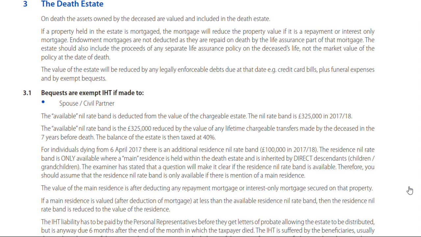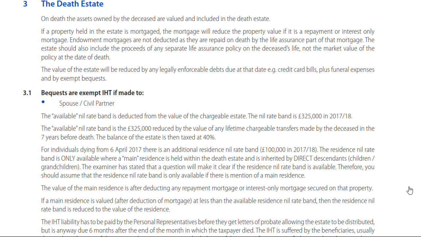We have a main rate on death of IHT of 40%. Before we start to charge any such transfers at 40%, we are firstly able to use up our available nil rate band. That nil rate band, currently £325,000, has been such for many, many years now.